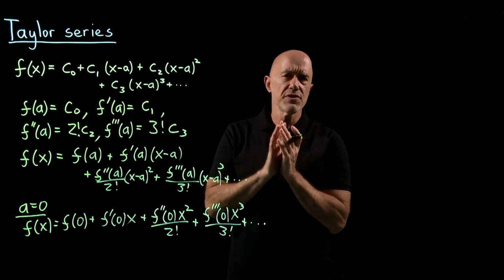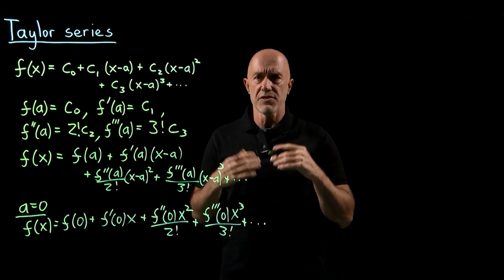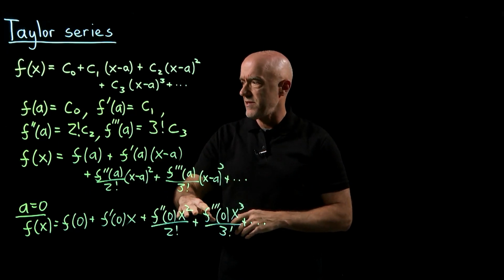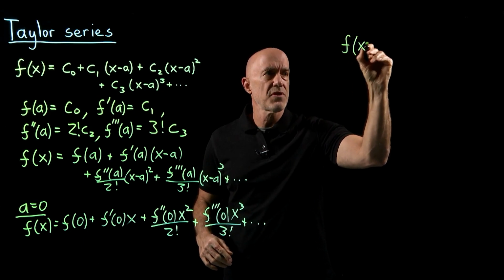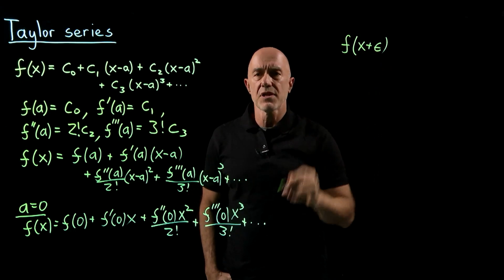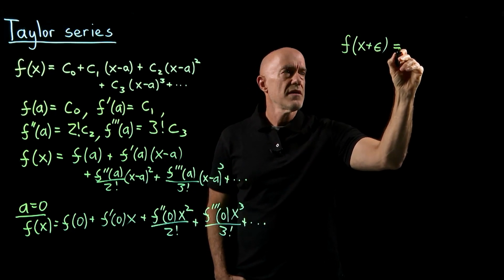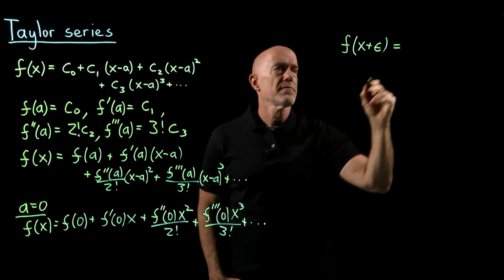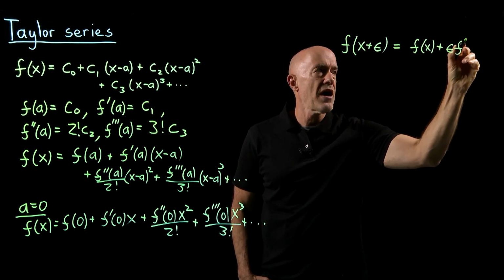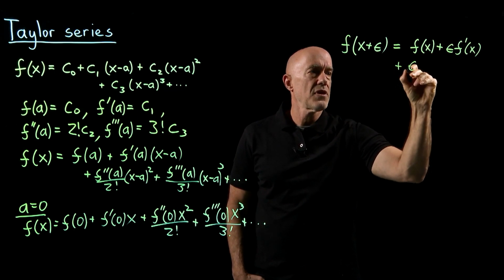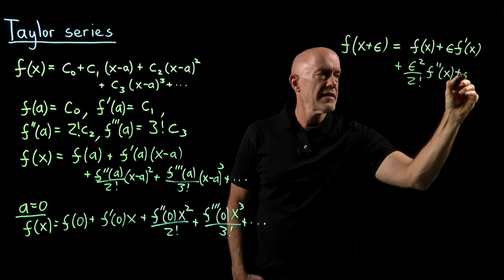Okay, one of the uses of the Taylor series is in approximation. There's another form for the Taylor series that's a little bit more convenient than this one. If we write f as a function of x plus epsilon, where epsilon is some small number, then the Taylor series expansion about epsilon equals 0 would be f of x plus epsilon f prime of x plus epsilon squared over 2 factorial f double prime of x plus dot, dot, dot.